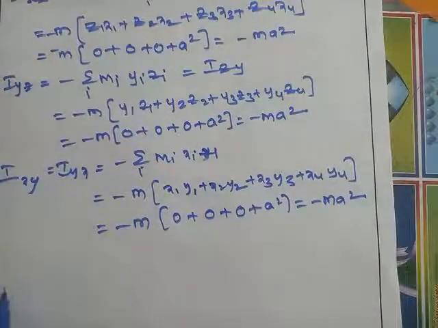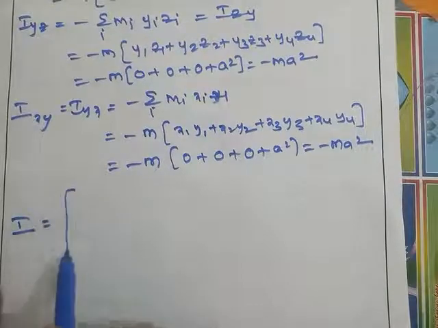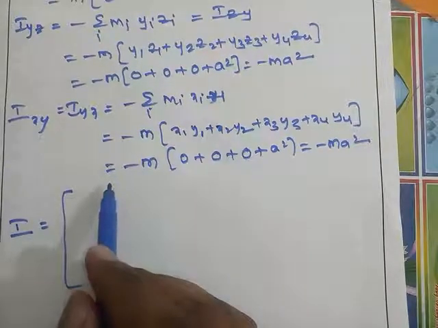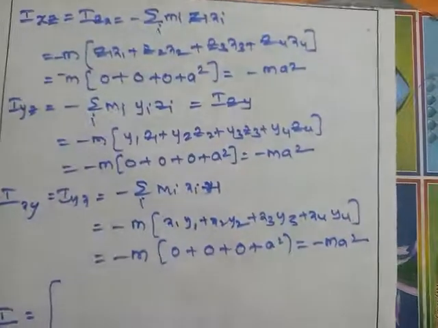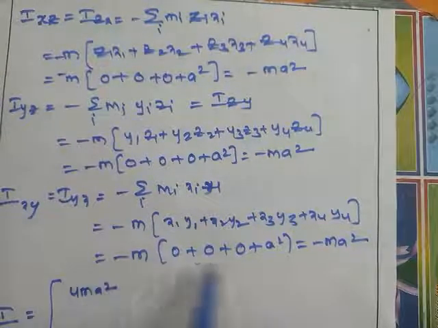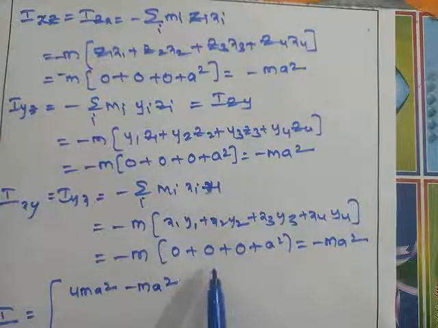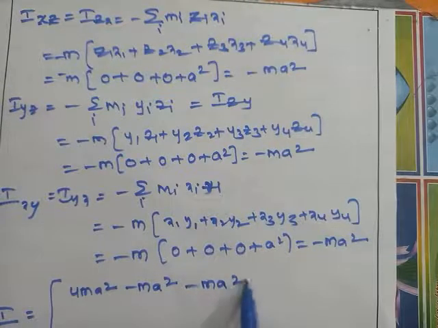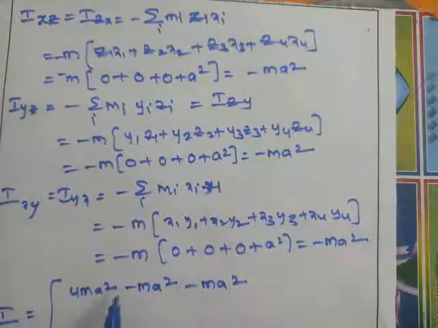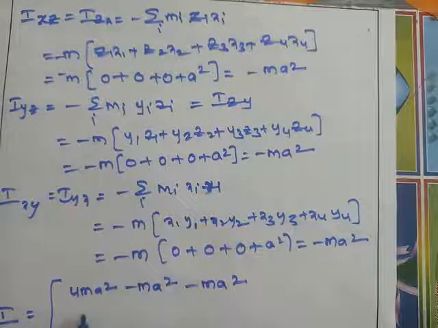Substitute in the matrix. So I equal to, after substituting here, so what we get, Ixx. What value did we get for Ixx? Here Ixx is 4ma square, right? 4ma square. Next Ixy is minus ma square, and Ixz value is how much, minus ma square. And similarly here Iyx, where is Iyx? Here it is.